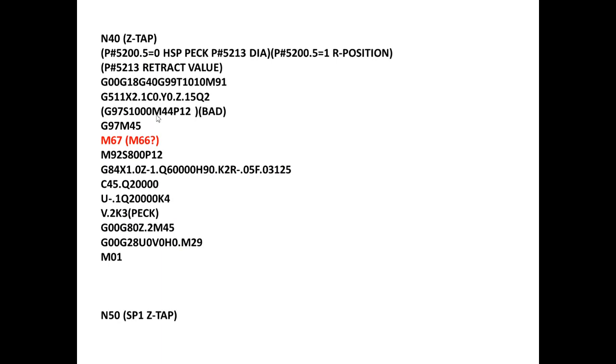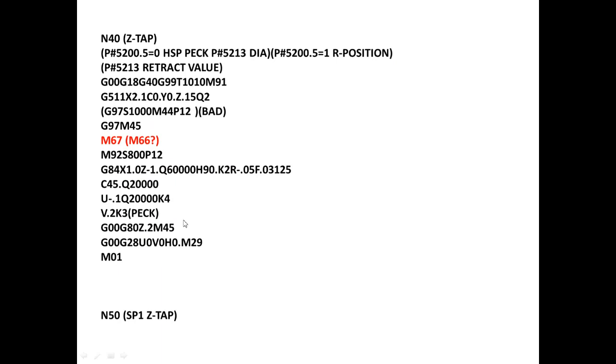That's why, even though I want a right-hand tap, I have to command the left-hand tapping M code, simply because the X live tool and Z live tool directions are opposite.